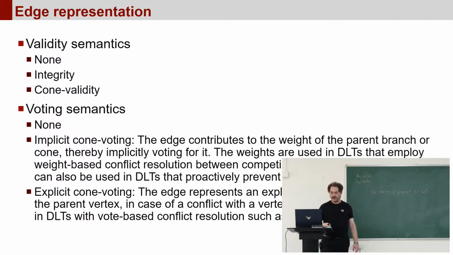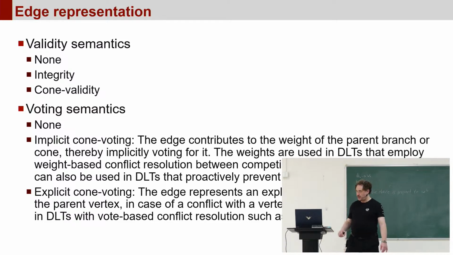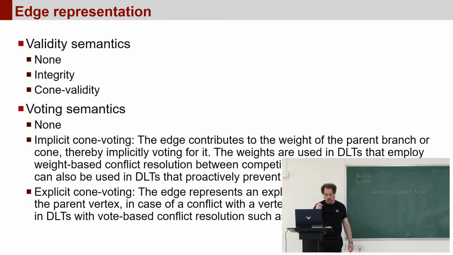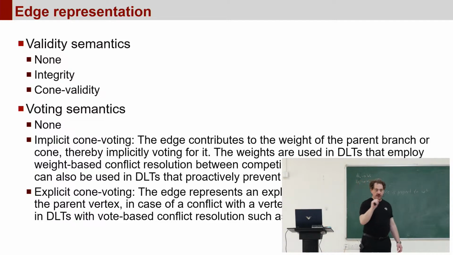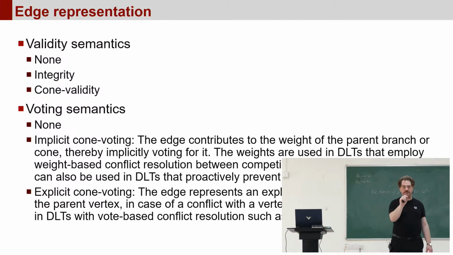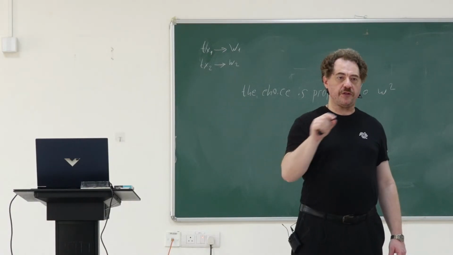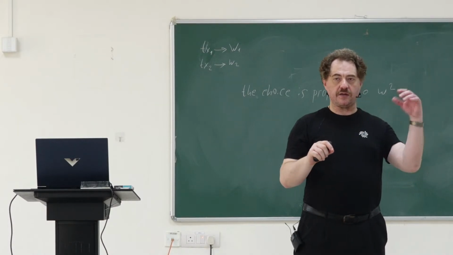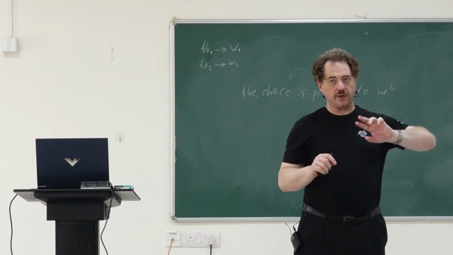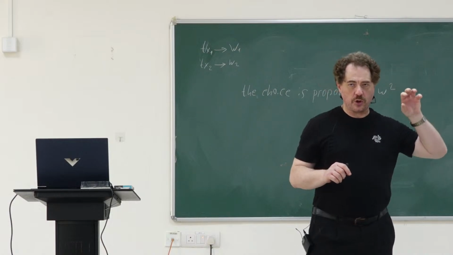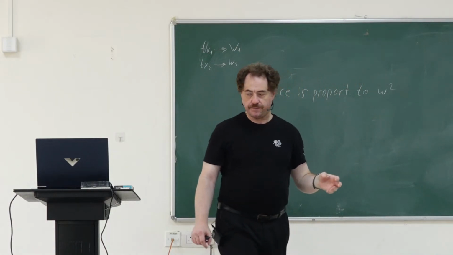Edge representation. So what is the semantic of an edge? Essentially there are two semantics. One semantic is integrity and the other is validity. Integrity means that if a new vertex points to another vertex, it's like a signature that the older vertex is formed correctly in terms of integrity.